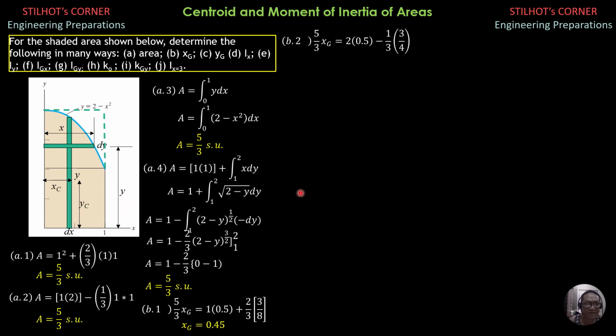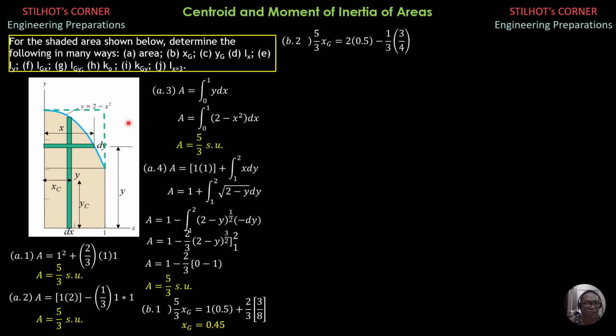As I said, you can only present this if you're able to locate the centroid of spandrel of parabola and the parabola by evaluating the formula for the location of the centroids.